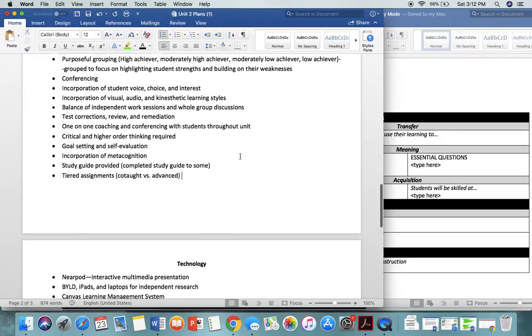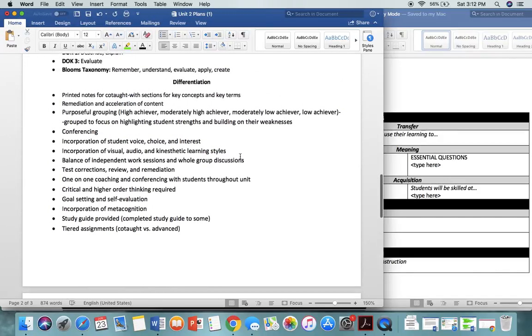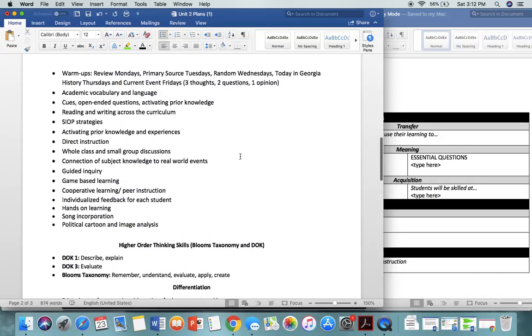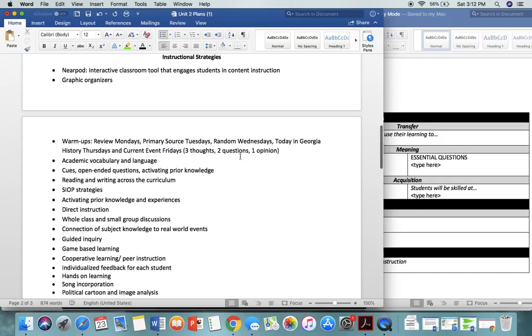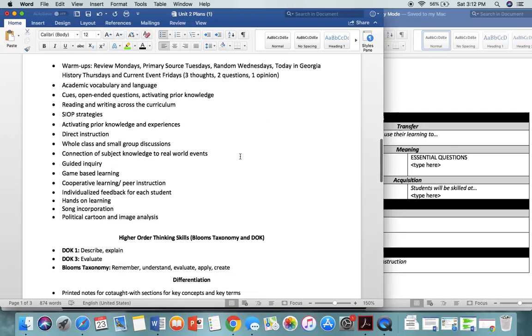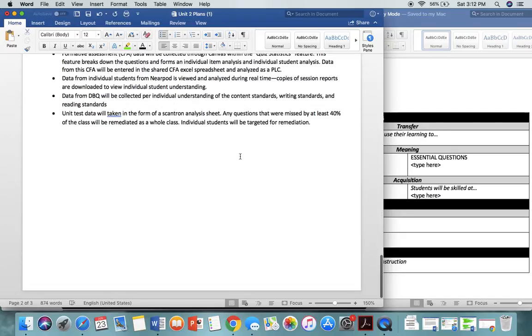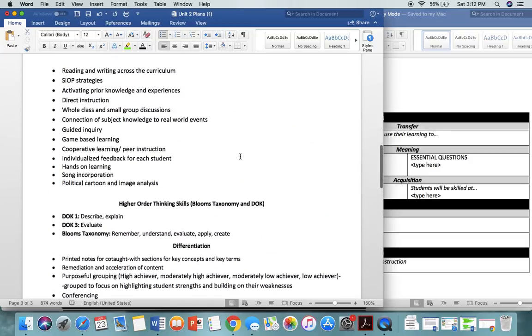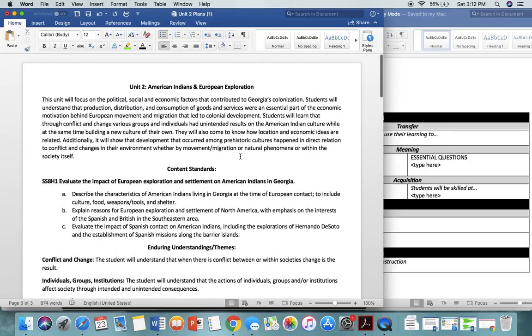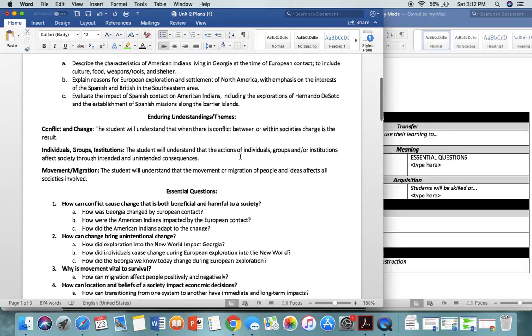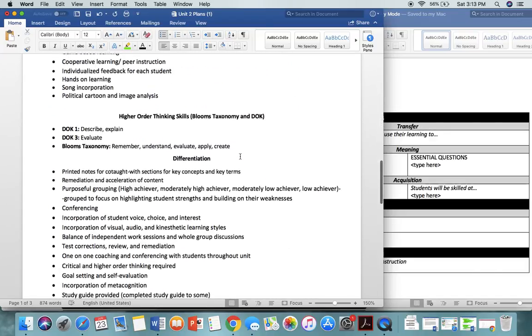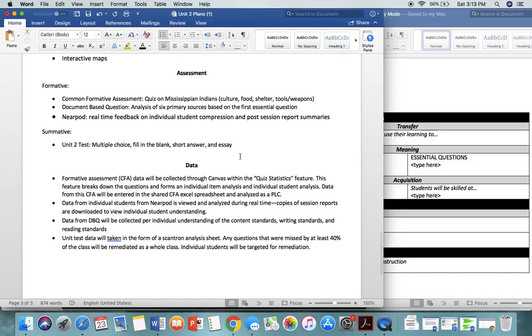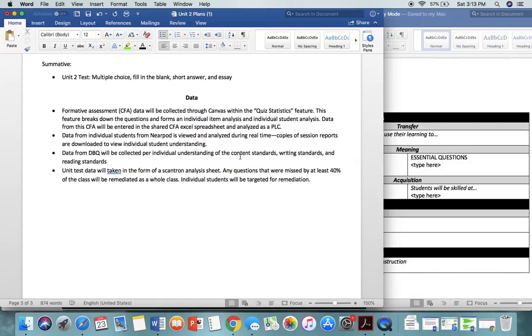I just have really just a list of instructional strategies. I don't even have tasks in here, which obviously I have the tasks in my individual lesson plans, but this unit plan I do not. This is just something that I sent to my administration, I guess kind of to satisfy them.